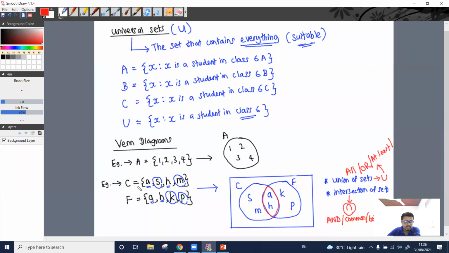So the union of sets is associated with these terms, all or at least. Intersection of sets is associated with these key terms: and, common, both, right? By using Venn diagrams, we can easily visualize the union of sets and intersection of sets, and easily tell which elements we have and which elements are common to both.